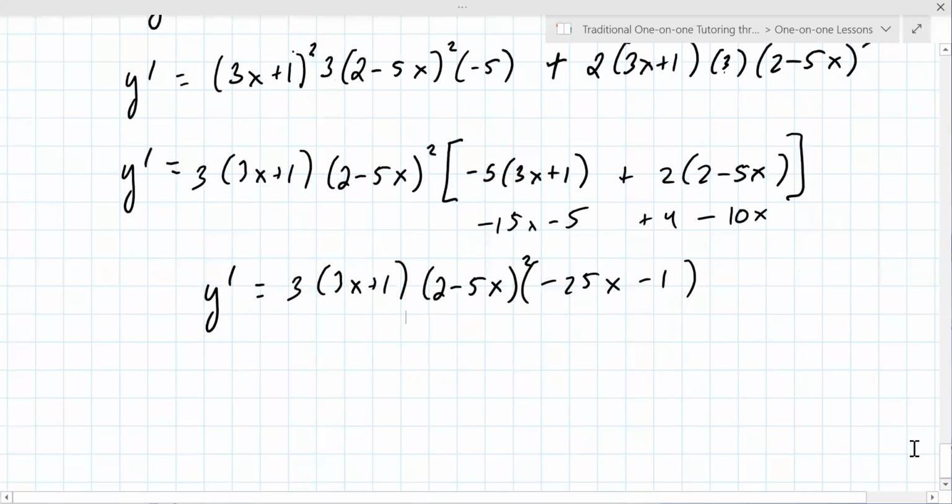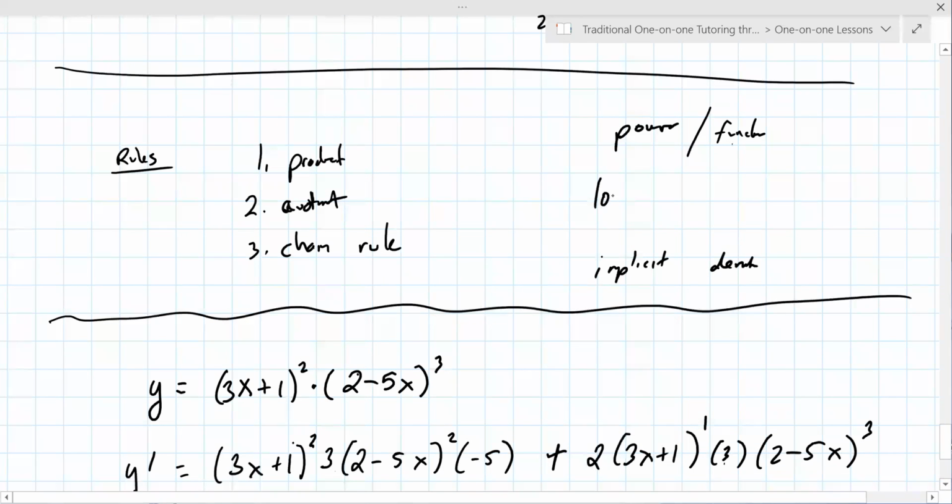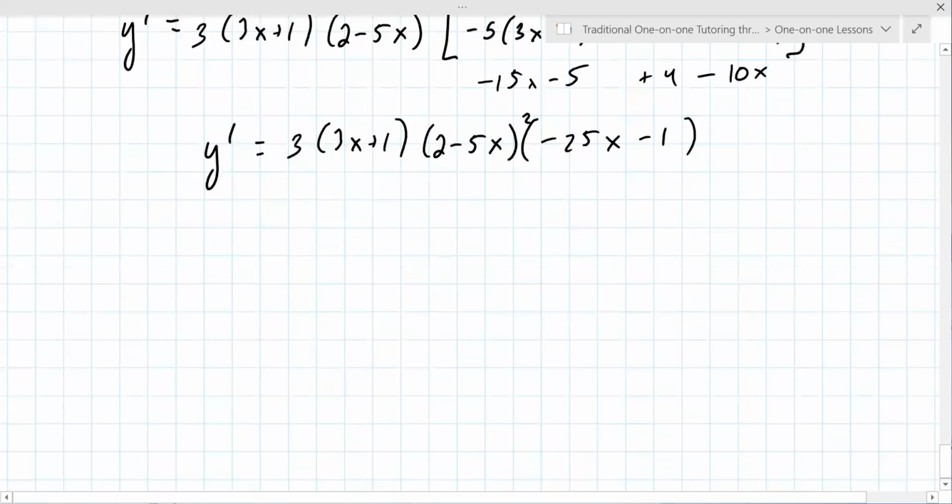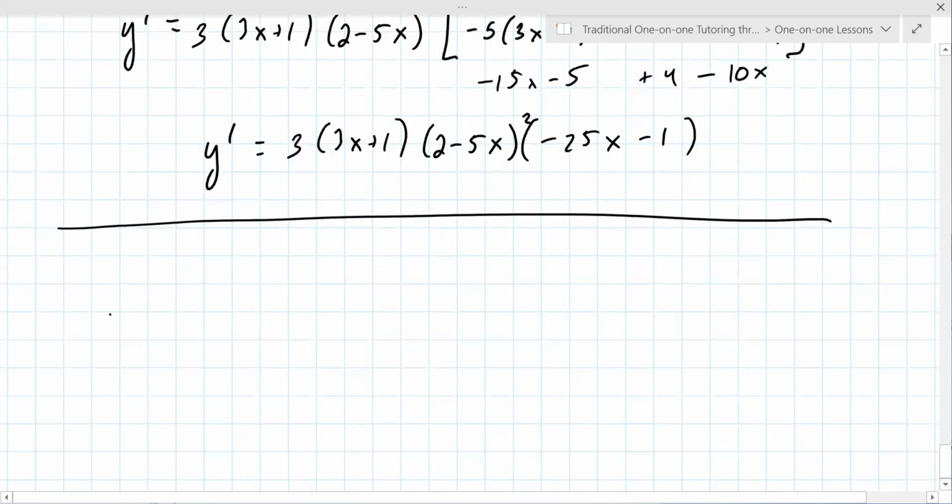Quotient rule. And I'm sorry, there's also logarithmic differentiation. But here's your classic quotient rule problem. It'd be something like 3 minus 2x over 4x plus 5, to the power of 3.